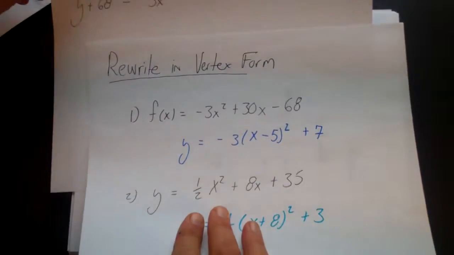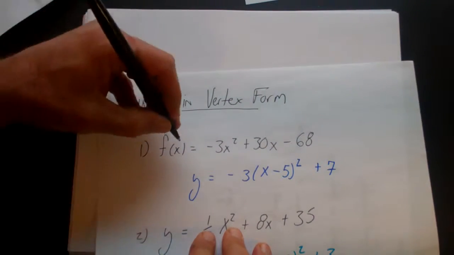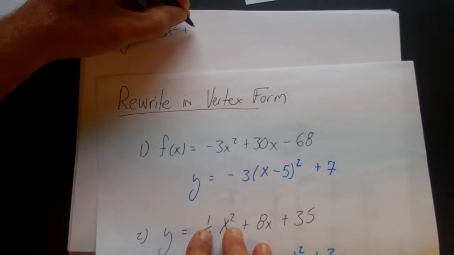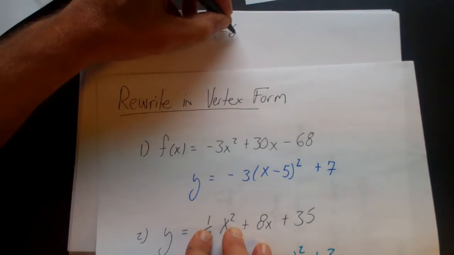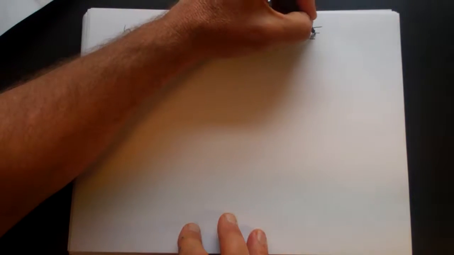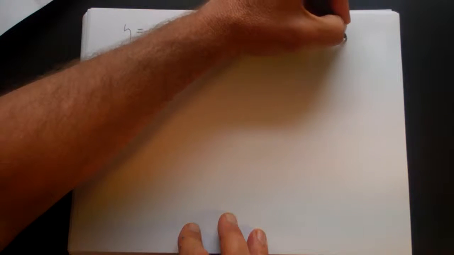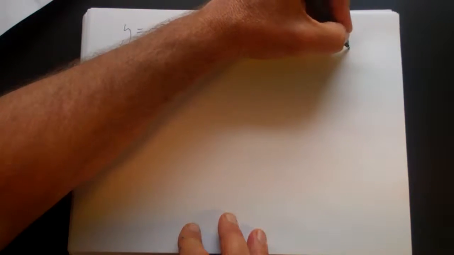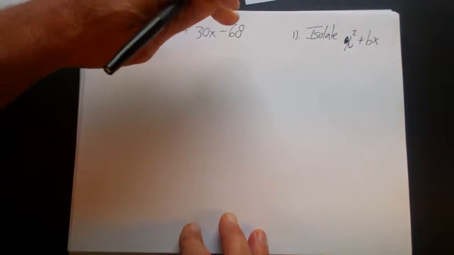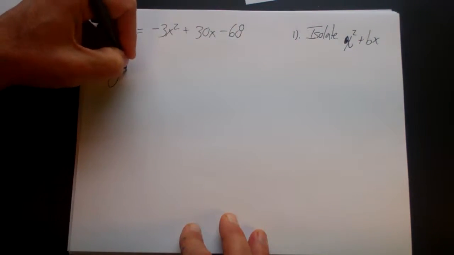In the very first problem, f of x is just y, so let's rewrite it. y is equal to minus 3x squared plus 30x minus 68. And the first step is to isolate x squared plus bx. So I'm going to move the 68 over here.